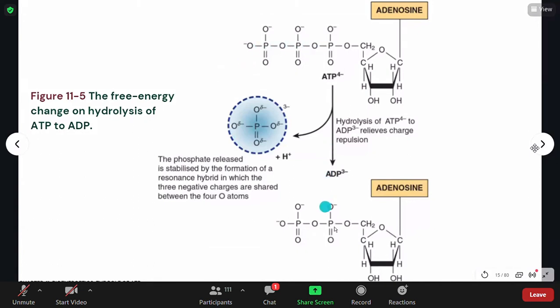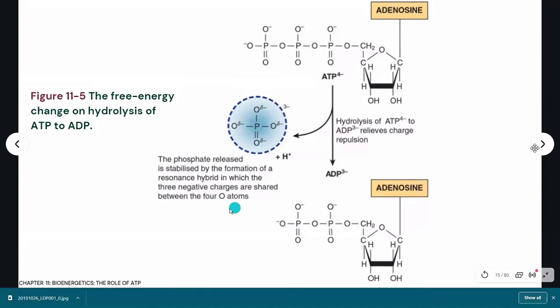This has only 1, 2. Okay. The phosphate release is stabilized by the formation of a resonance hybrid, in which the 3 negative charges are shared between 4 oxygen atoms. Okay.